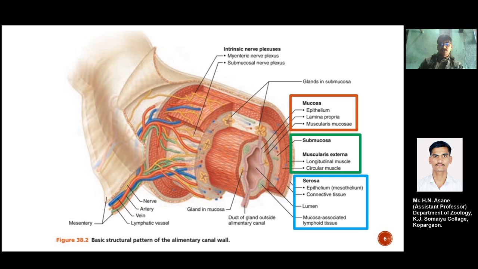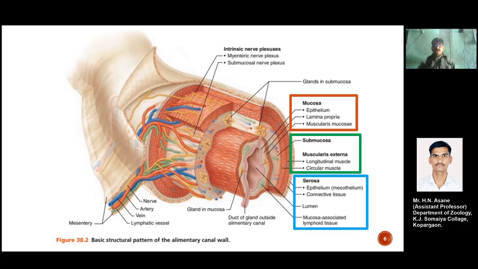Later, but let's focus on the mucosa, submucosa, and the serosa. These are the three parts, as I explained, the general plan of the alimentary canal, before the digestive system.